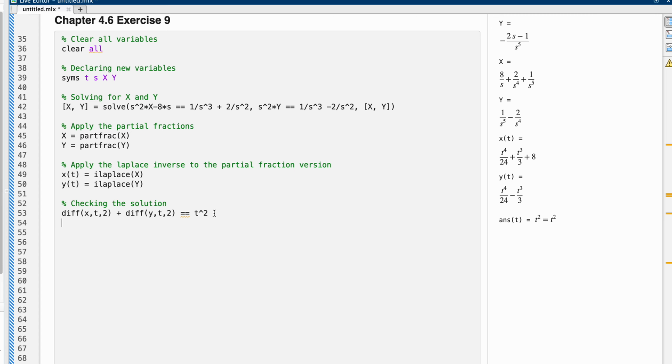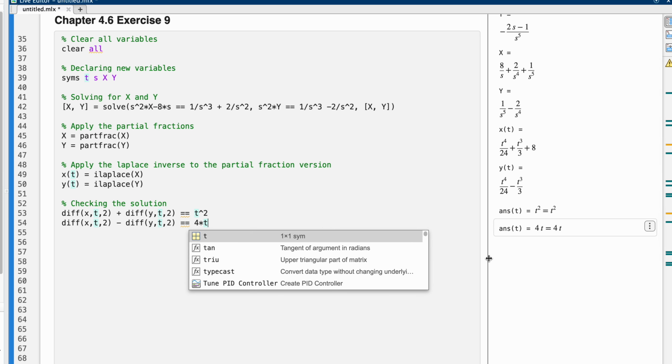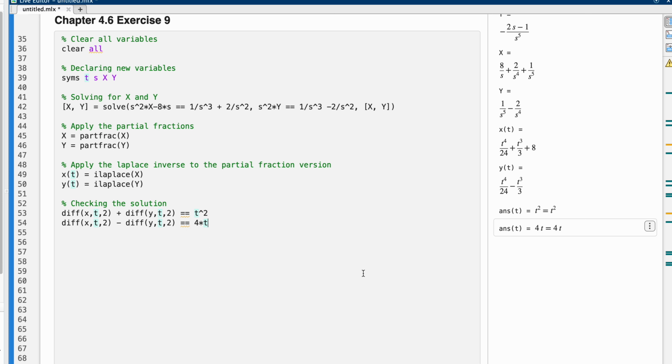If we also want to check the second one, since it was similar, they were subtracted here, and here we had 4 times t. If you want to check that one as well, press Control Enter. You get the same thing on the left and on the right, so you're sure that you got the right answer.